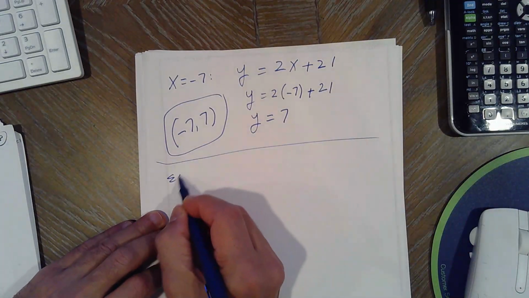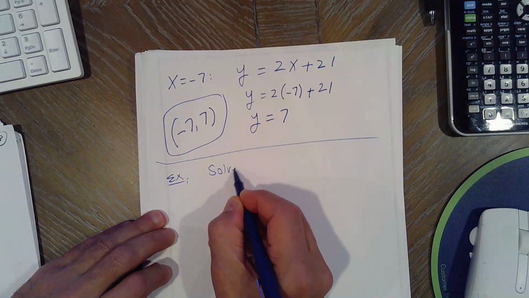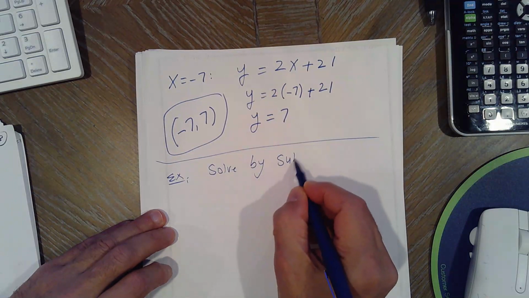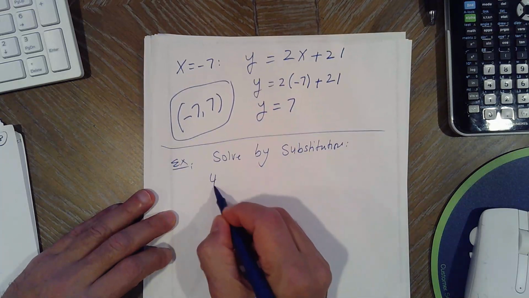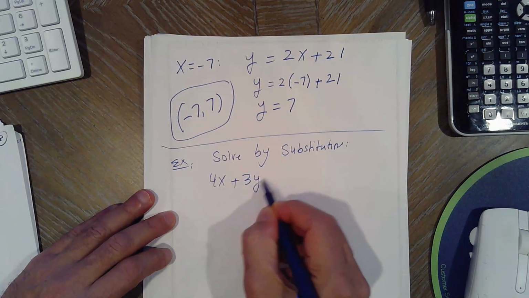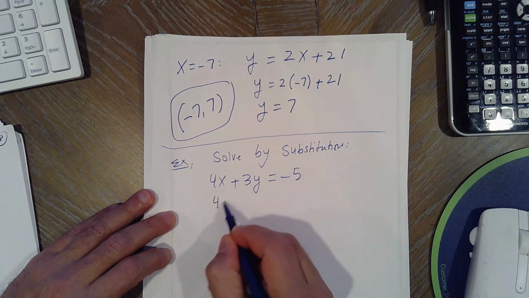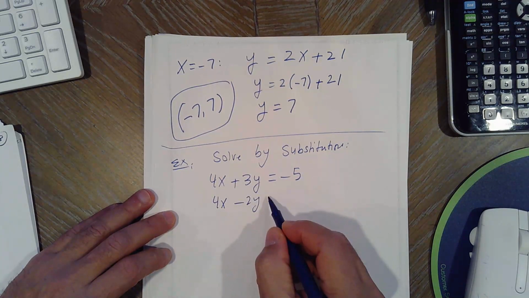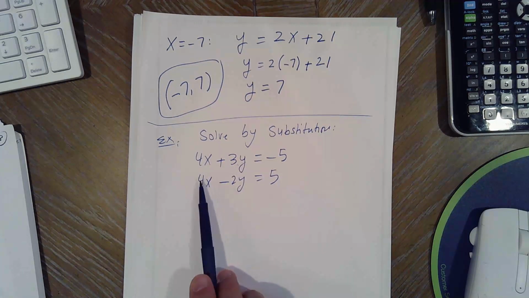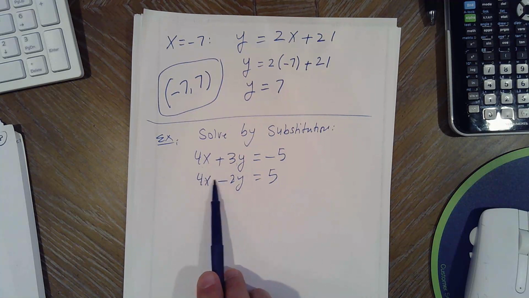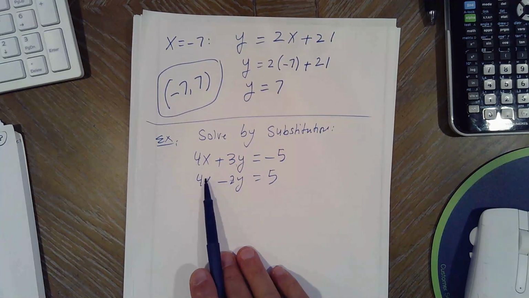Now sometimes, solving by substitution, you don't see a variable that's easy to isolate, which makes us suspect that this is not the best method. Maybe it's the elimination method. But because we don't have one x or one y, if we isolate x or y we're going to end up with a fraction.